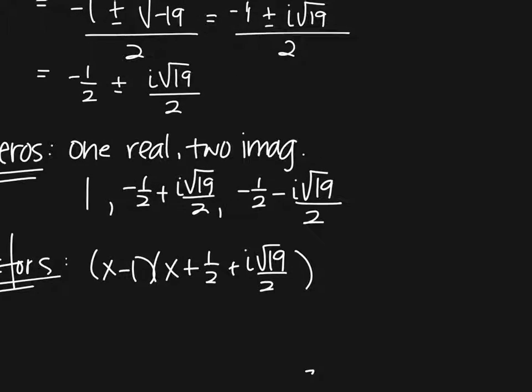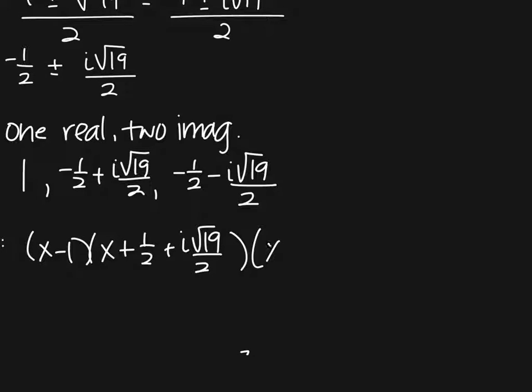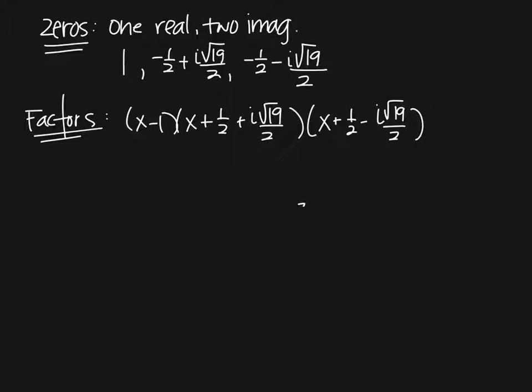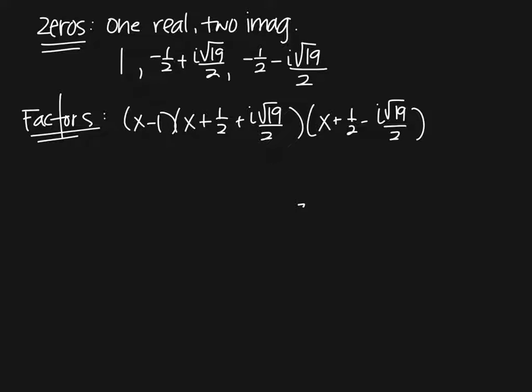And then they write their third factor as x plus half minus i rad 19, if they got that far. What usually happens that people miss is that they forget that factors can't have fractions in them. Okay, factors can't have fractions. So how do I clear out the fractions?